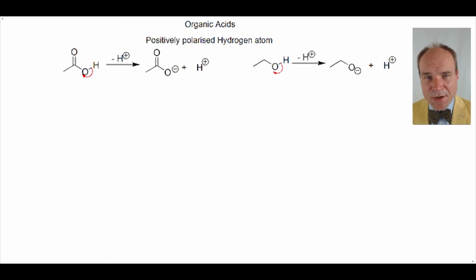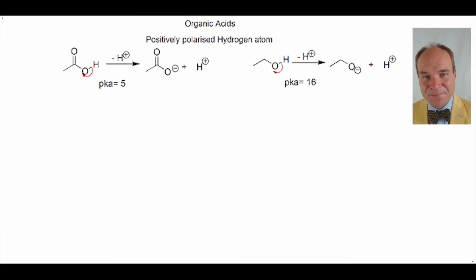Here is an alcohol. The alcohol can also act as an acid, and it's a Bronsted-Lowry acid because it is donating a proton. How do the carboxylic acid and the alcohol compare? Well, it would be great to know their pKa's. Here they are.